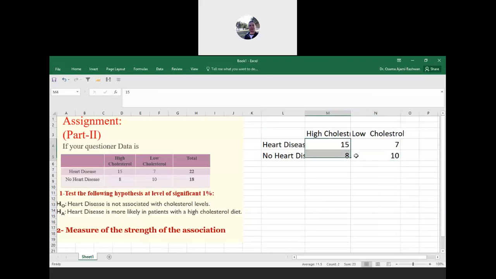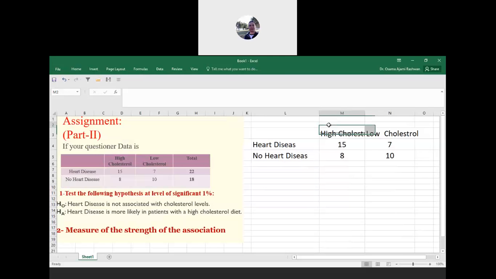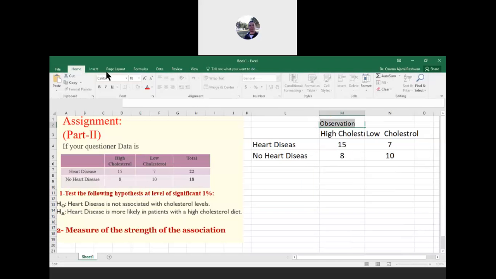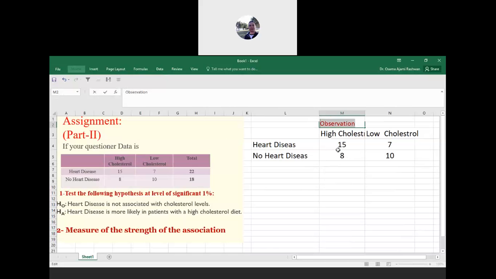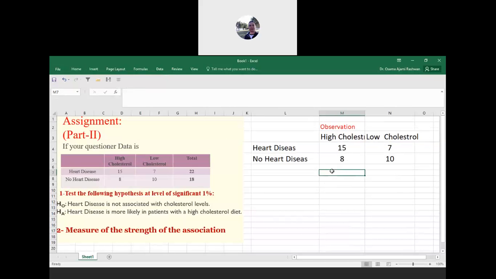Now, let's do how to do it by hand. In this case, as I said, I have to get the expected value, right? So I will have the same table as this one, but this is the observation, right? Now I'll go for the expectation.